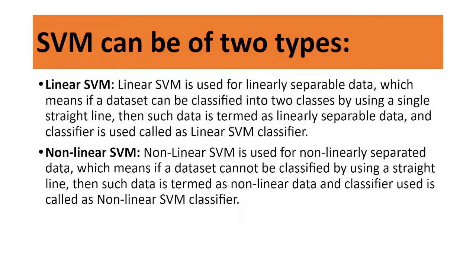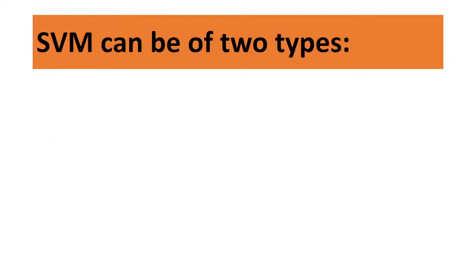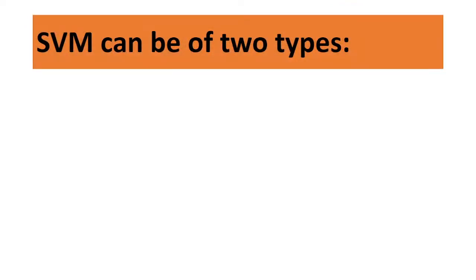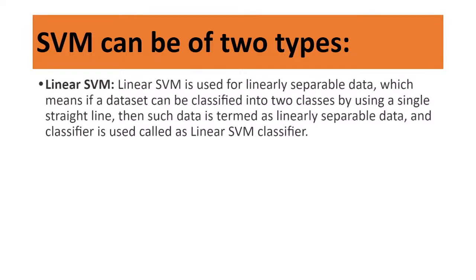Suppose there are a lot of pixel values, and a lot of other types of pixel values are also available. So that's why support vector machine works well when you want to classify only two classes.